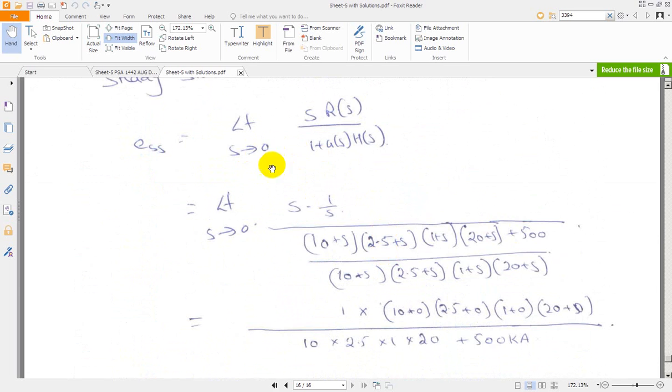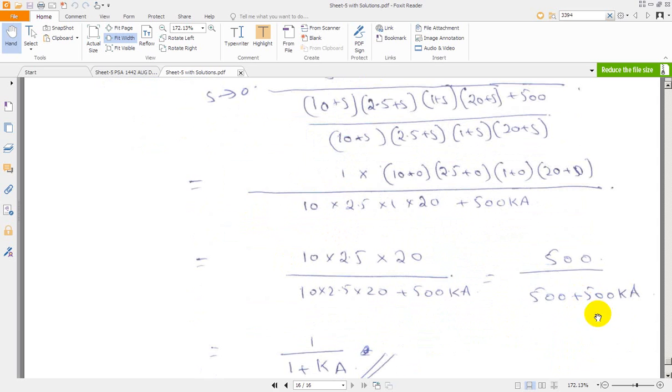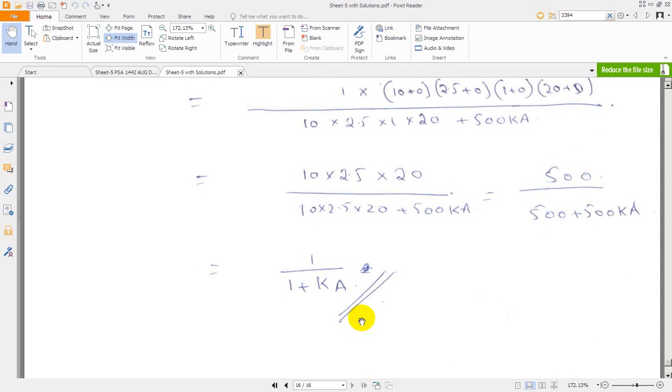For a step input R of s is 1 by s. This s gets cancelled, and this is 1 plus G of s into H of s. Substitute the value s equal to 0. You will get 500 divided by 500 plus 500 kA, and after cancellation of 500 you will get 1 by 1 plus kA.